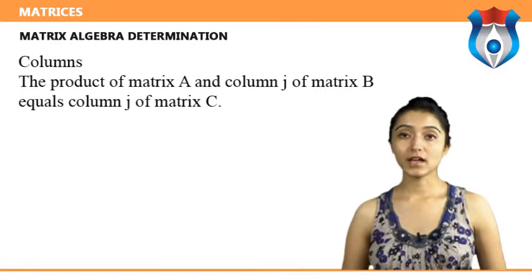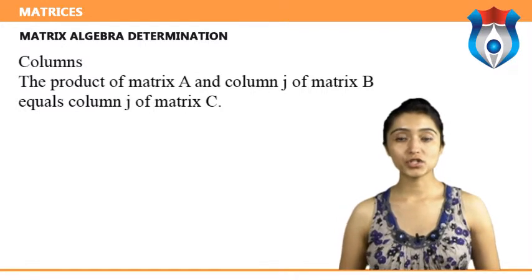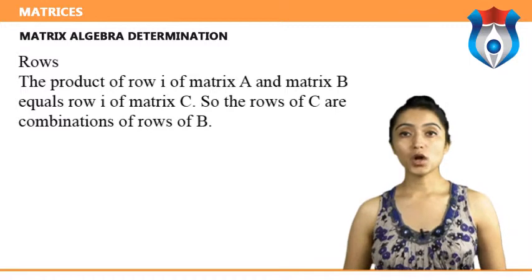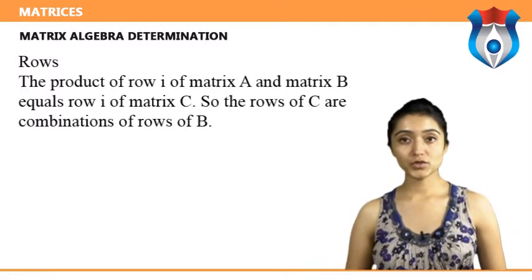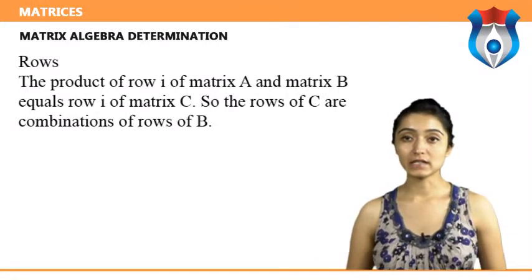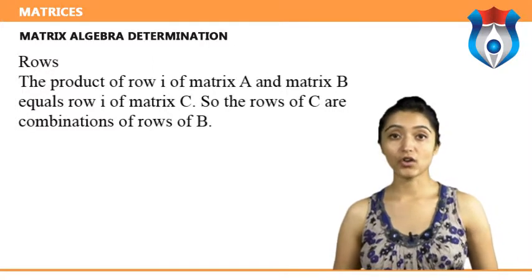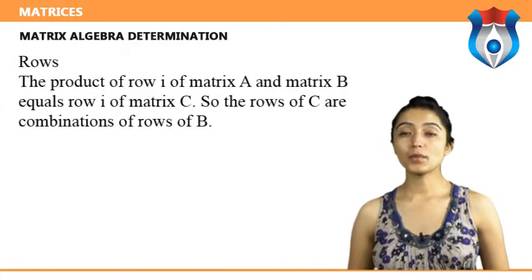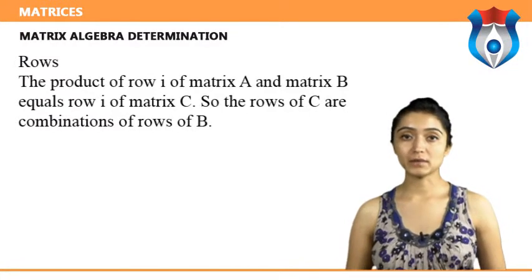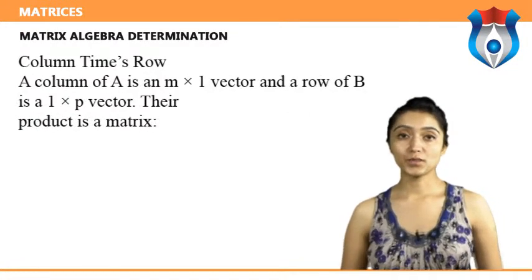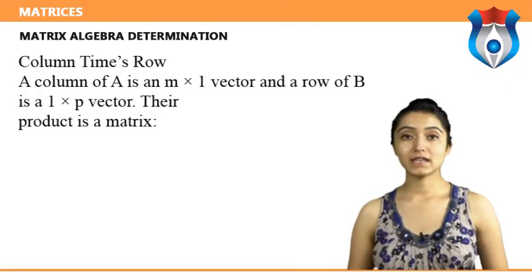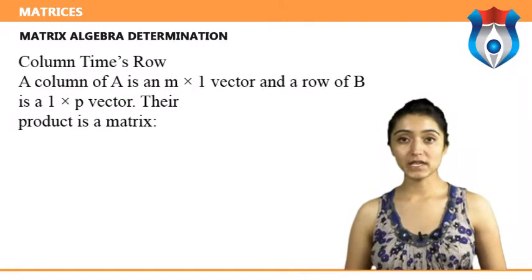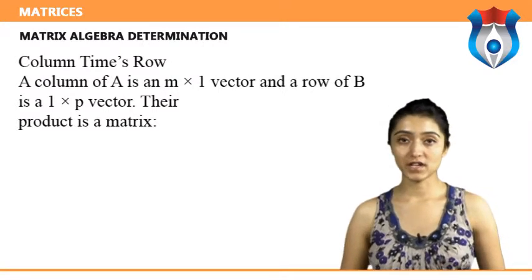This tells us that the columns of C are combinations of columns of A. Rows. The product of row i of matrix A and matrix B equals row i of matrix C. So the rows of C are combinations of rows of B. Column times row. A column of A is an M cross 1 vector and a row of B is a 1 cross P vector.